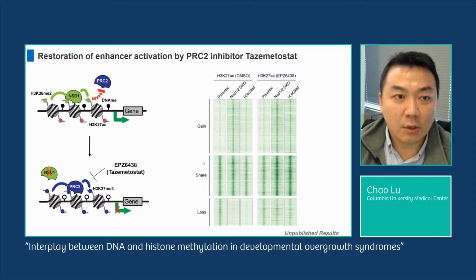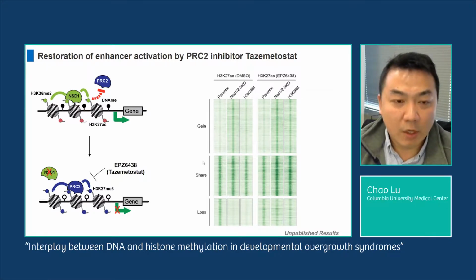So you can imagine a scenario where normally, at those active enhancer regions, NSD1-mediated H3K36 dimethylation will help establish the DNA methylation, and those two marks inhibit the activity of PRC2, so it's not able to lay down the H3K27 methylation mark, and the genes are active. In the context of NSD1 loss, and then subsequent DNA methylation loss, PRC2 can now come in freely and put on marks of H3K27 trimethylation at these enhancers, inactivating them and leading to gene silencing.